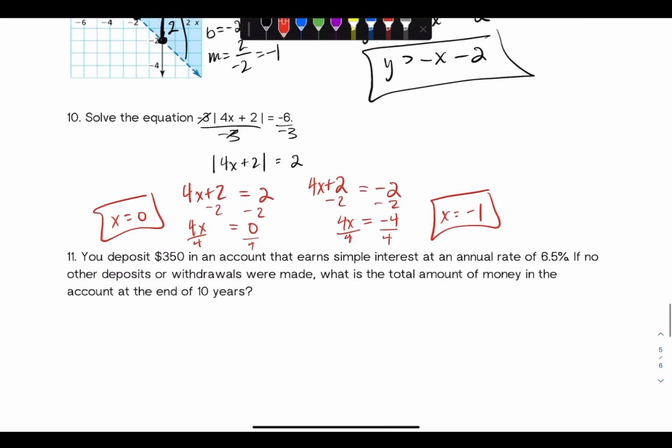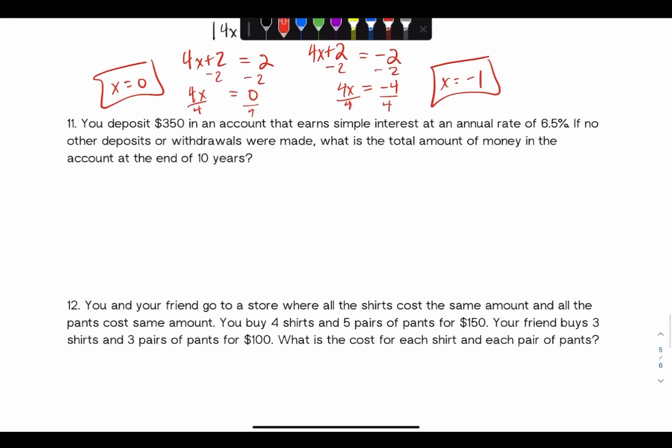All right, number 11. We deposit $350 into an account that earns simple interest at an annual rate of 6.5%. If no other deposits or withdrawals were made, what's the total amount of money in the account at the end of 10 years? Simple interest formula is A equals capital P times 1 plus R times T. Okay, so let's think about what we have here.